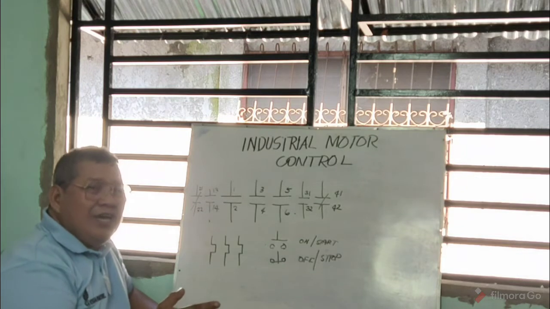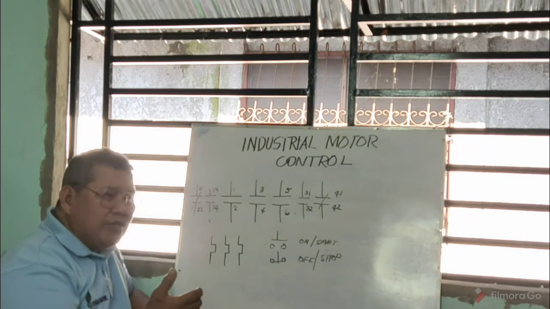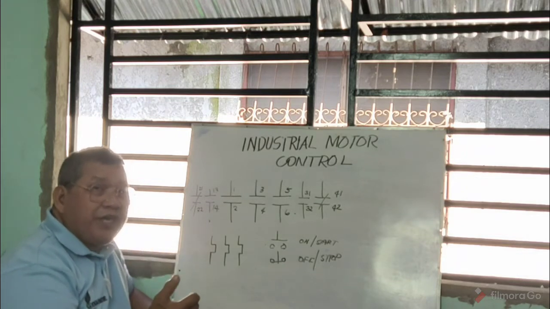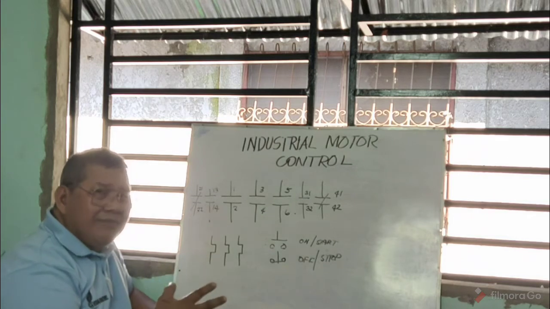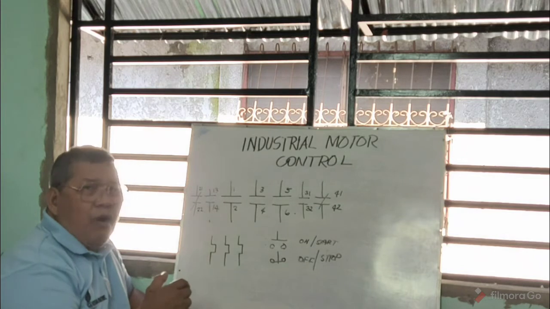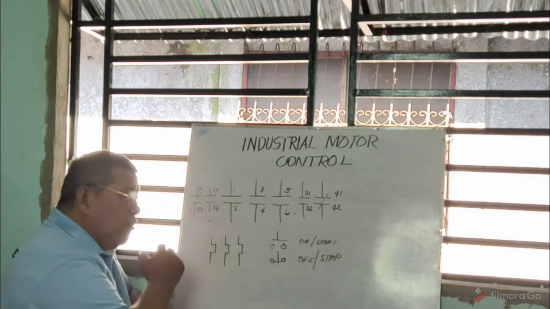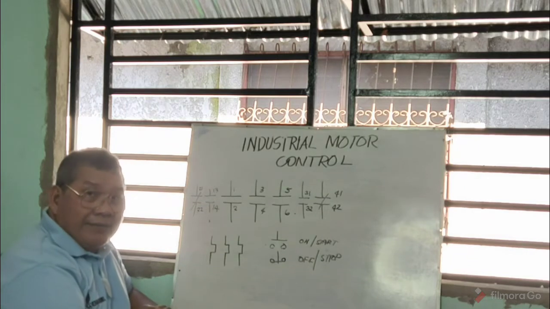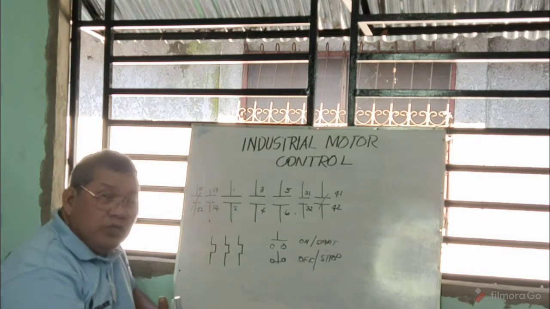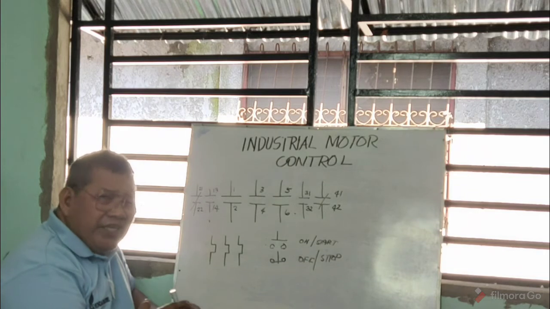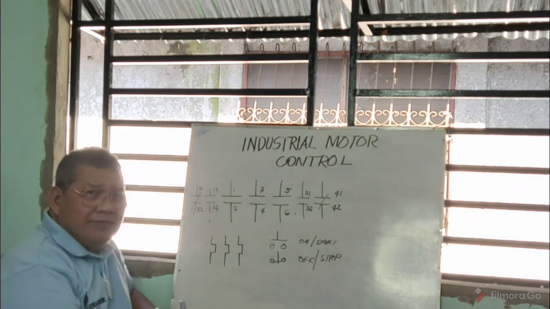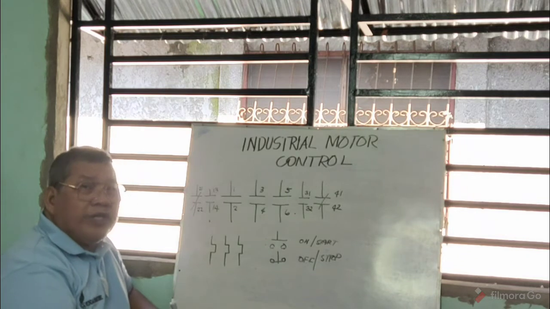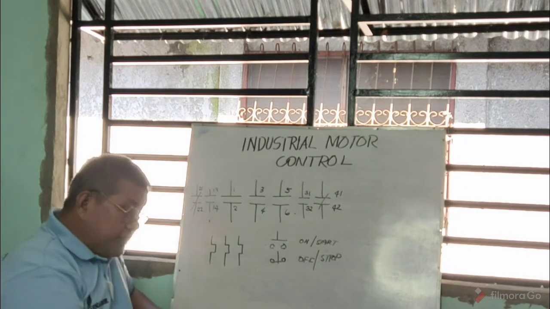Okay? So when there is an occurrence of overload in your circuit, automatically the push button is off. And that is because of your overload relay. So I will also explain to you the principle, why it will open when there is an overload that might occur during the operation of the circuit.